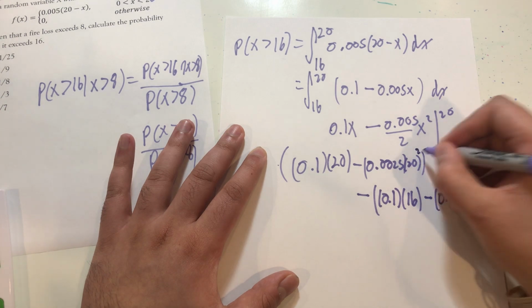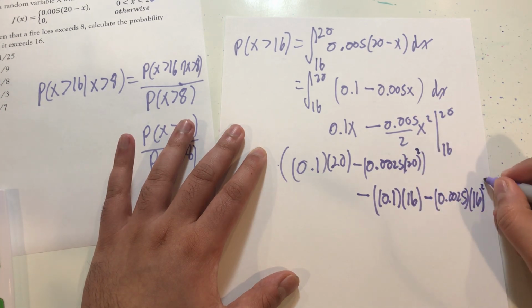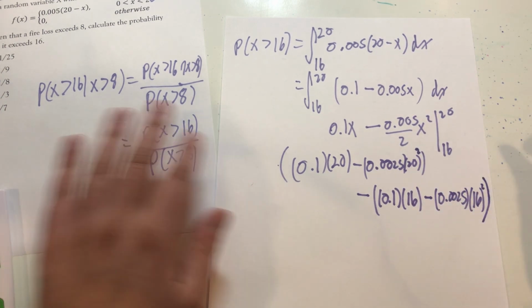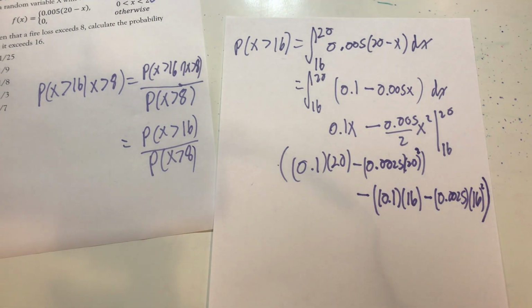Oh, sorry, this should be squared. My bad. There. Okay, so let me just put this into the old TI-30.